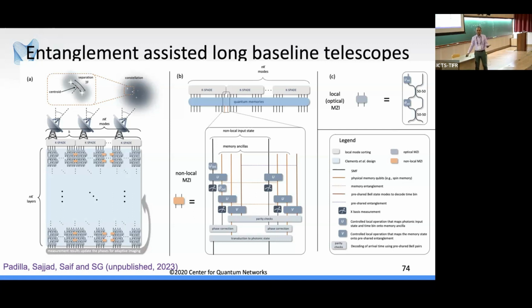That's what the mode sorter is, right? But these modes are not at the same place. Like these two modes are not at the same place. The orange ones are where one mode is here, one mode maybe is 1,000 miles away. So if only I know how to do a 50-50 two-mode beam splitter in a distributed fashion using entanglement, I can compile absolutely any circuit involving an N-port interferometer into a distributed logic. And that's the crux of this paper.